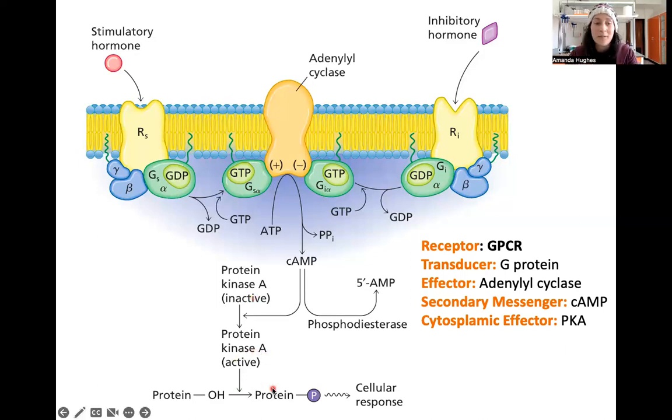Kinases are responsible for phosphorylating proteins. So protein kinase A has a lot of different protein targets that it can now go and phosphorylate on specific residues, and that will either turn on or turn off that protein. It completely depends on how the phosphorylated state relates to the activity of that protein.